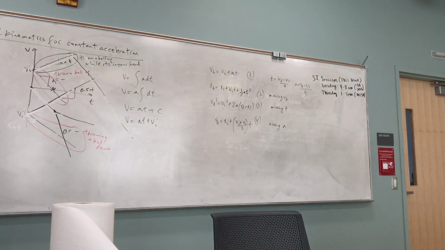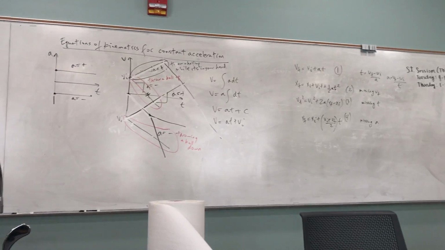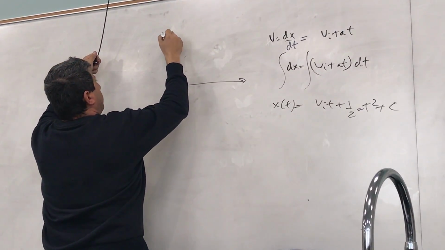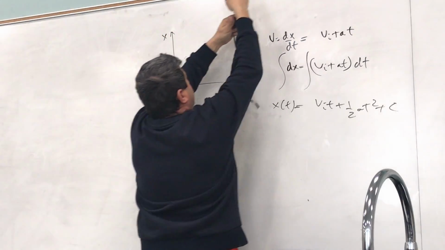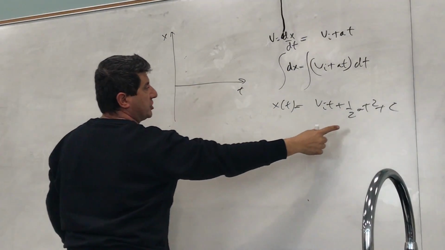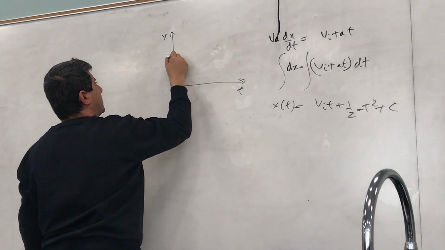And then the graph of x of t versus time is going to look something like this. And then here, of course, you again can get many cases. You can have x initial positive, which means it starts here.